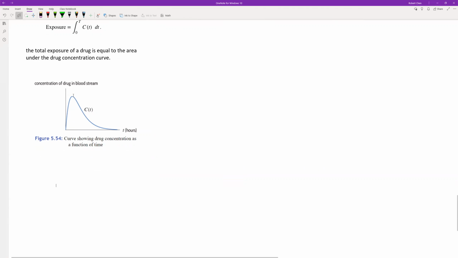The higher the peak is, the more availability you have. If someone has a body that does not absorb the drug very well, maybe the surge function will look like this, which gives a lower area under the curve of concentration, meaning that person will have a lower bioavailability.